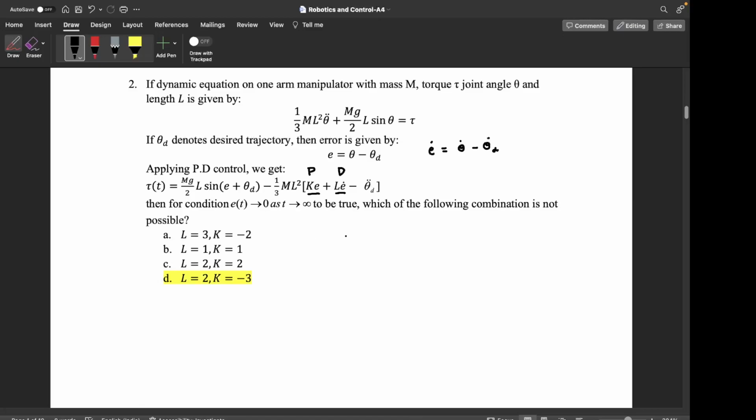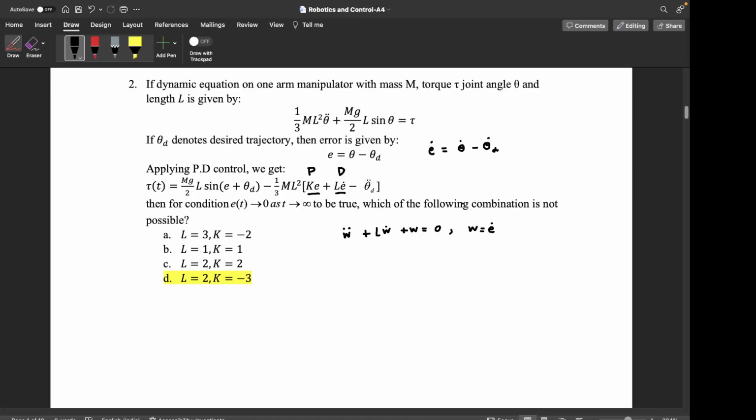If you have the lecture handy, you can see a similar system with a similar equation, and what we arrive at finally is an equation like this: W double dot plus L W dot plus K W is equal to 0, where W is e dot, the difference in joint velocities.